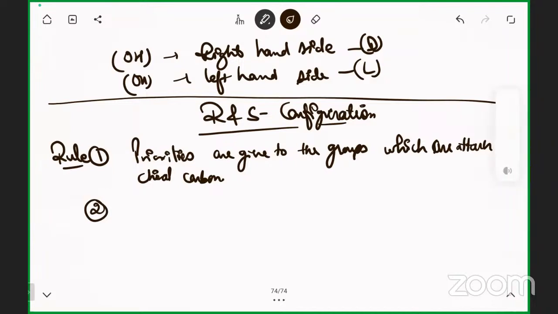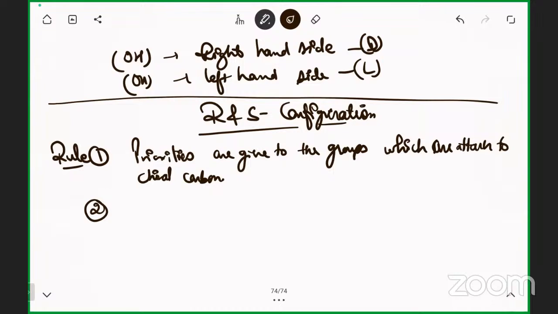Those who were in the last class: chiral carbon, stereogenic center or stereocenter, or asymmetric carbon. Chiral carbon is that carbon which has all valencies occupied by different atoms.